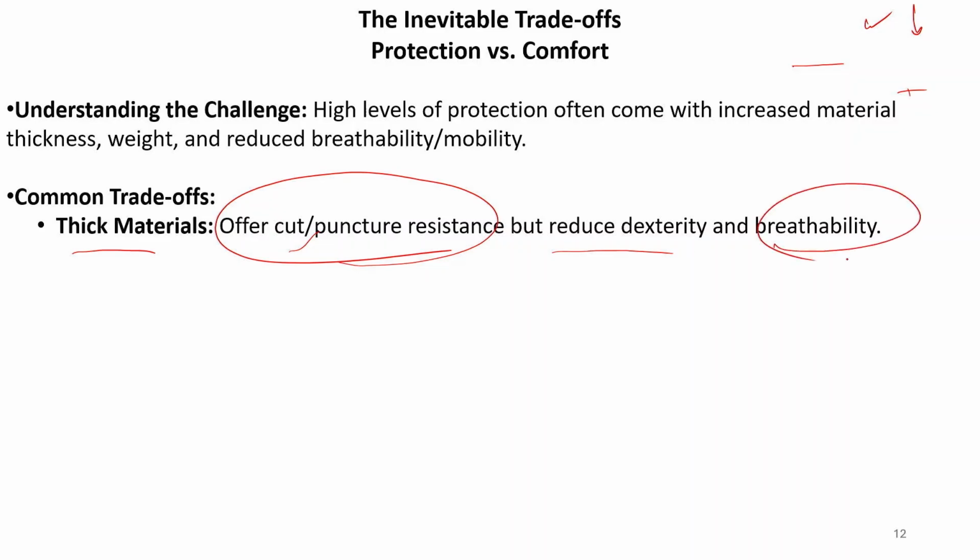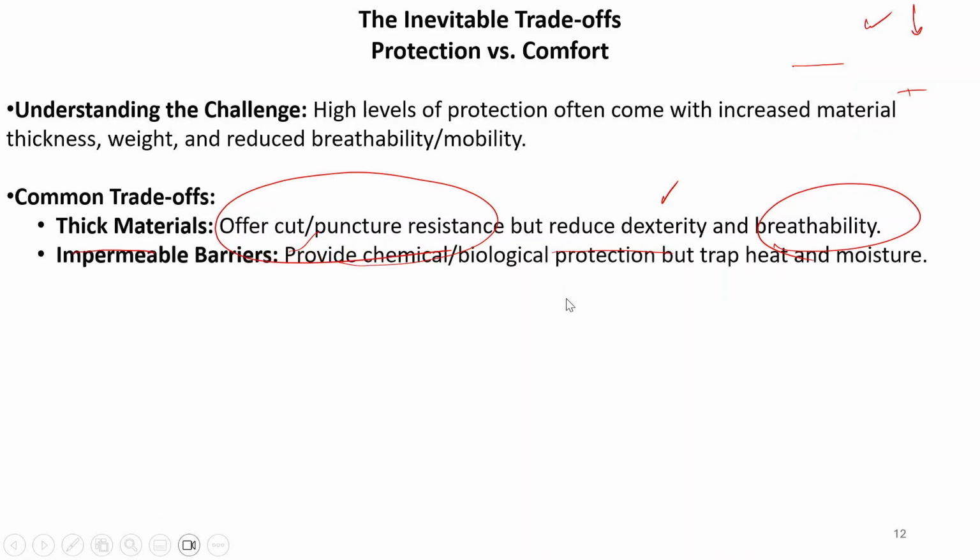It will not conform to our body shape, shear resistance will increase, and it will be very stiff. So, our body movement will be restricted, okay? And also the breathability, the moisture vapor transmission, the water transmission, will be restricted.